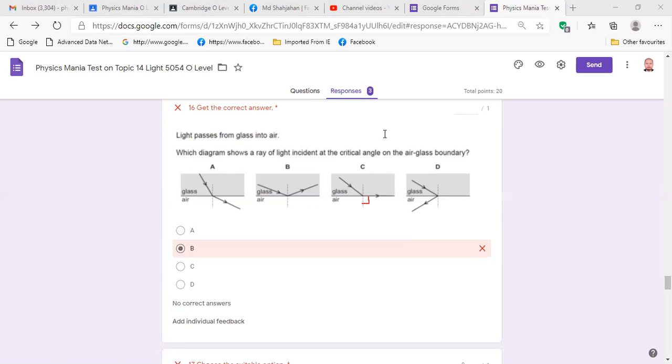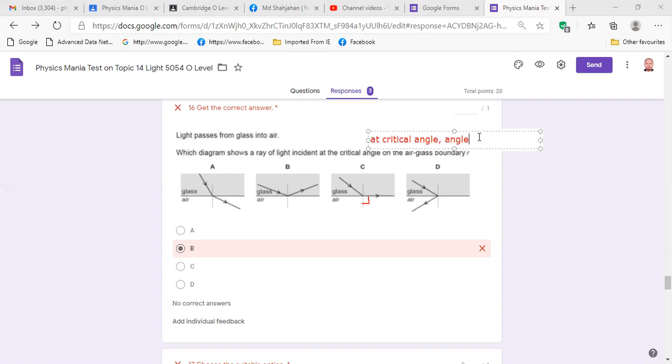At critical angle, the angle of incidence is always... you know this one, right, Monica? Yes, sir. There is nothing here you don't know. Everything you know. At critical angle, the angle of refraction is 90 degrees.